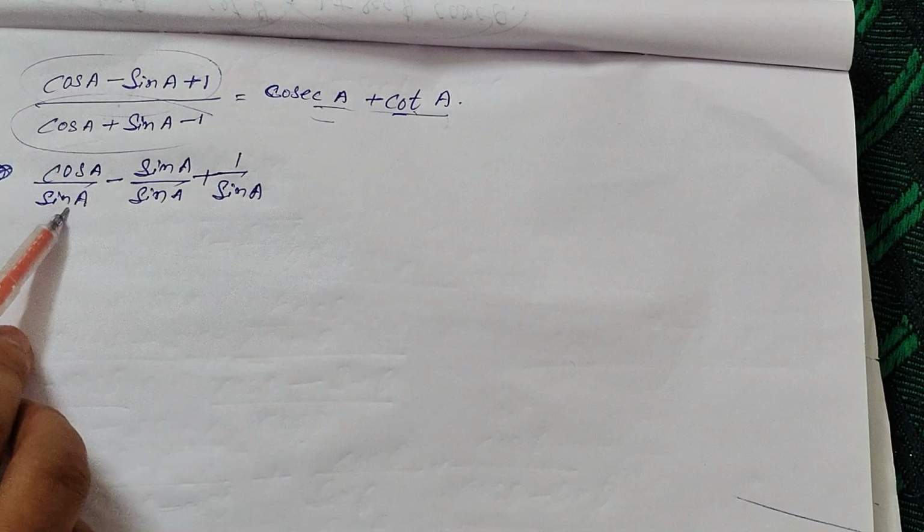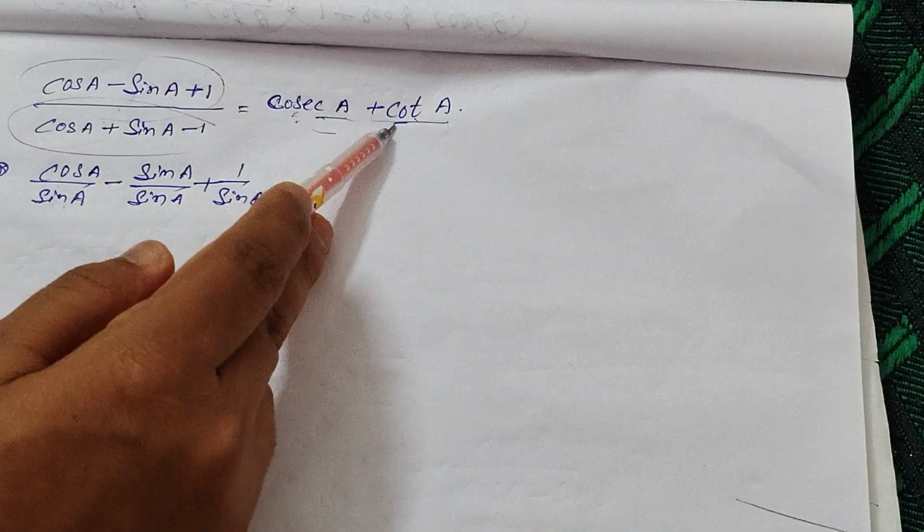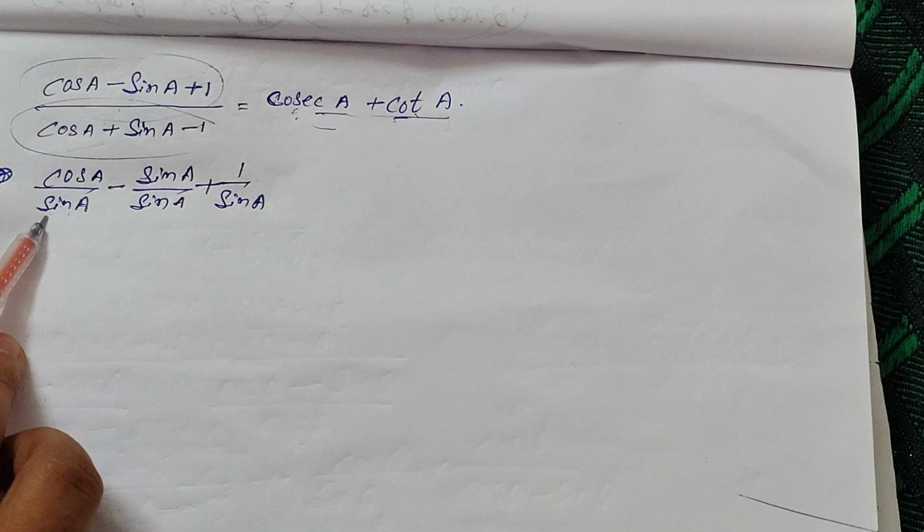To make cosec and cot, we have to divide only by sin A. Clear?